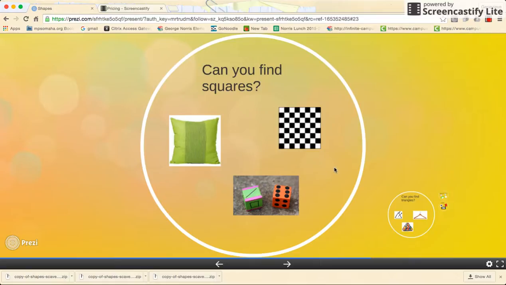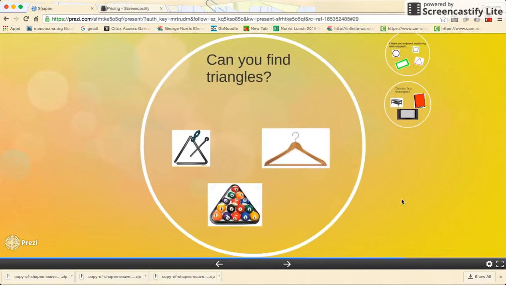Can you try to find a square? You only have to think of one. We can look for more later, but let's just find one. How about a triangle? Here are some examples.